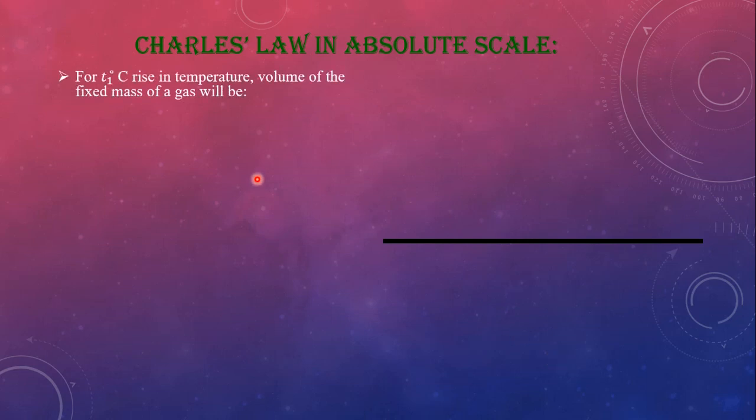The first thing we are taking is T1 degree rise in temperature. The volume of a fixed mass of gas, from our Charles' law, will be V0 times 1 plus T1 by 273 for T1 degree rise in temperature. If I take the LCM here, 273 comes to the denominator, 1 into 273 is 273, so it is 273 plus T1.